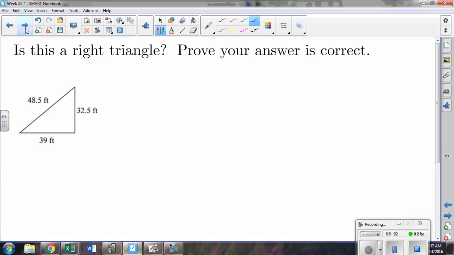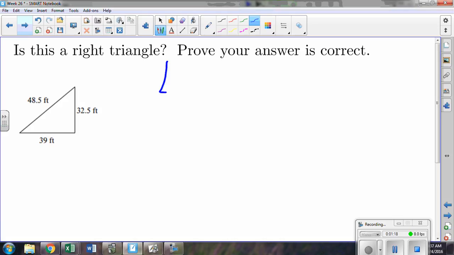Let's start with our first example related to this. Is this thing a right triangle? Yes or no? Well, it certainly looks like it could be. But keep in mind what the Pythagorean theorem tells us.